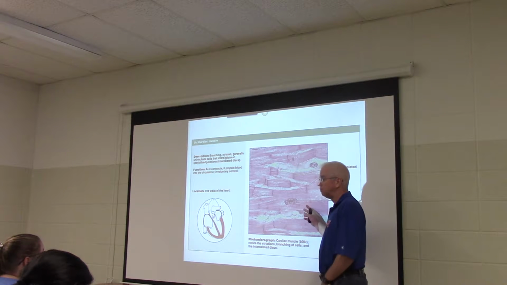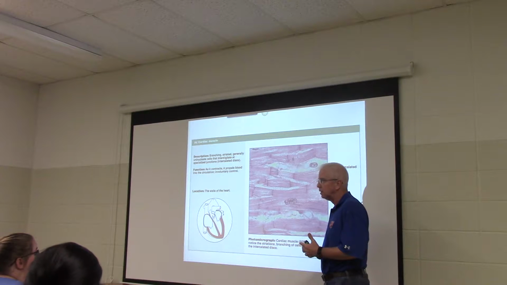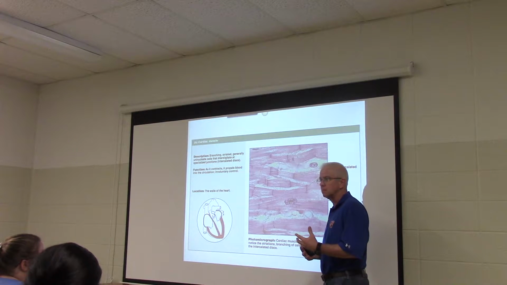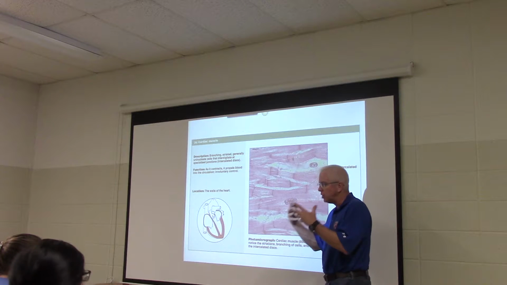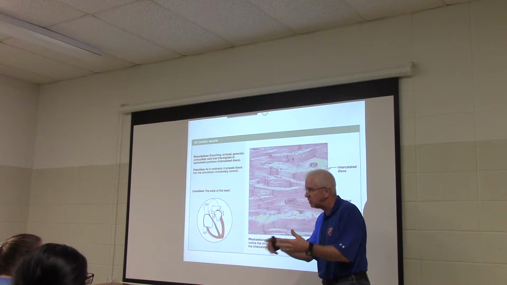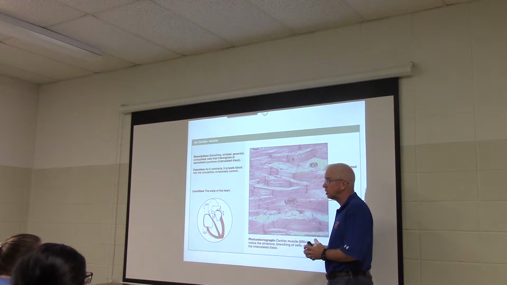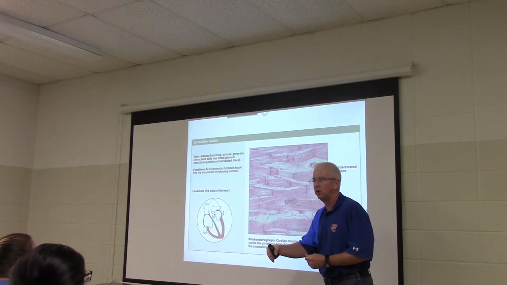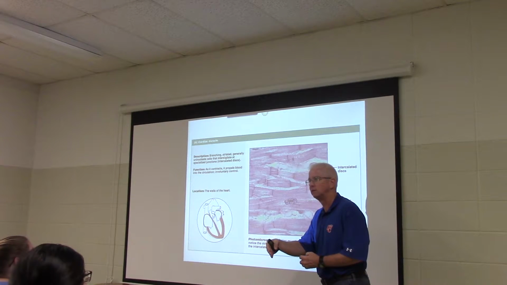You do not want the contraction of the ventricular mass being graded the way skeletal muscle contractions are graded. When you contract a skeletal muscle, you're going to recruit the number of cells that you need to do the work. When the cardiac muscle contracts, you want every cell in the cardiac mass to contract every time the muscle mass contracts.